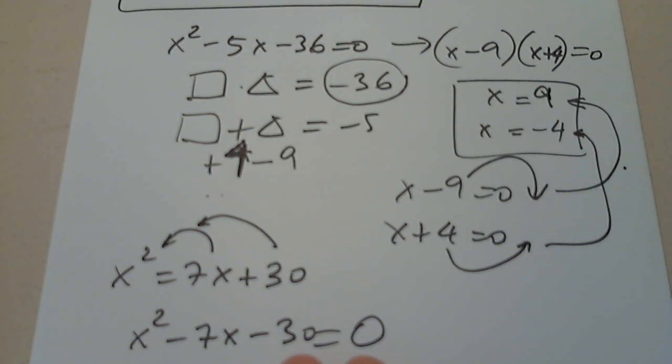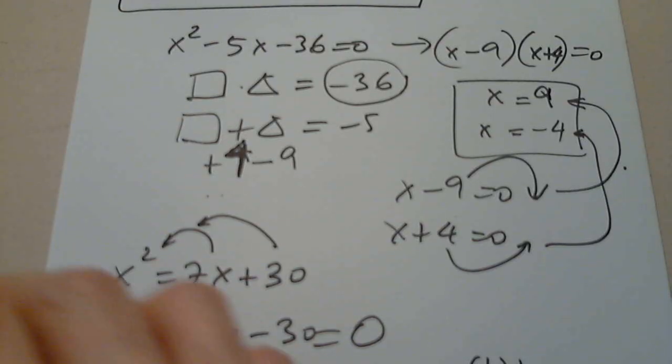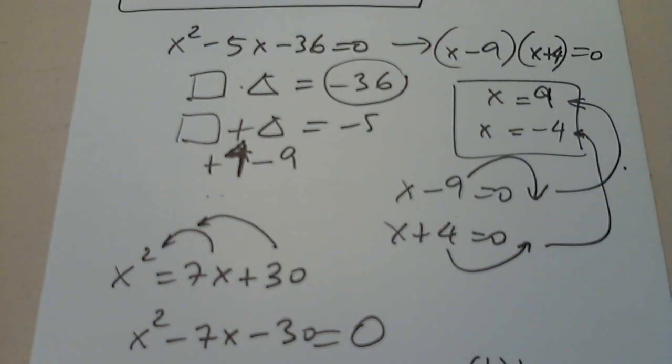The product is negative 30. The sum is negative 7. So we want a positive and a negative, so that the product is negative. So what do we get?